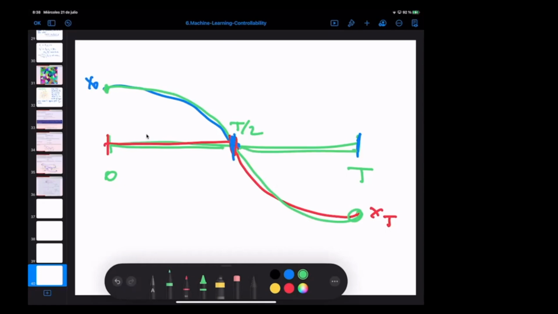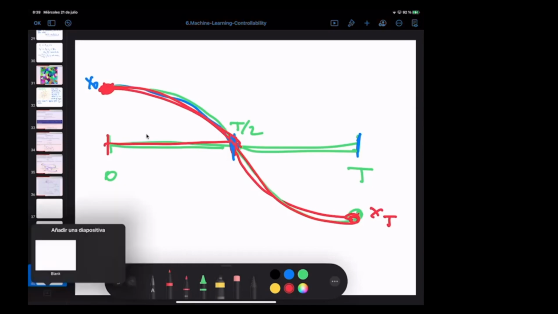But as we know, in most finite dimensional systems, what you can achieve in a time window, you can achieve also in a shorter time window with larger controls. Of course, this will oblige you to use larger controls, because after all, you are producing a deformation that is not going from x0 to 0, but is going from x0 all the way down to xT, right? But this is feasible under the condition that you use larger controls.